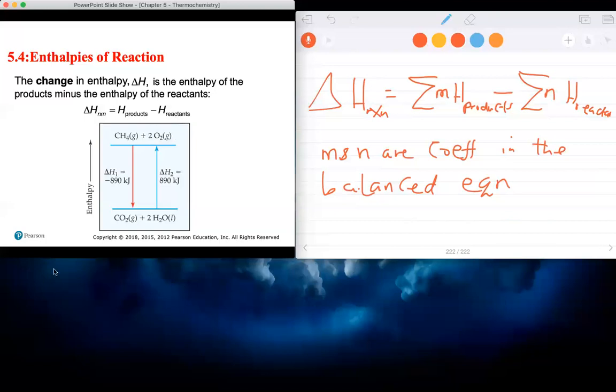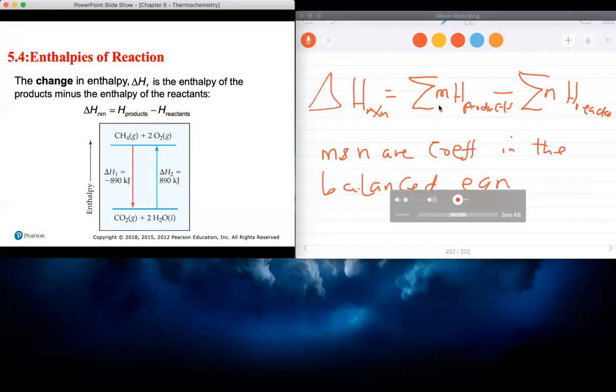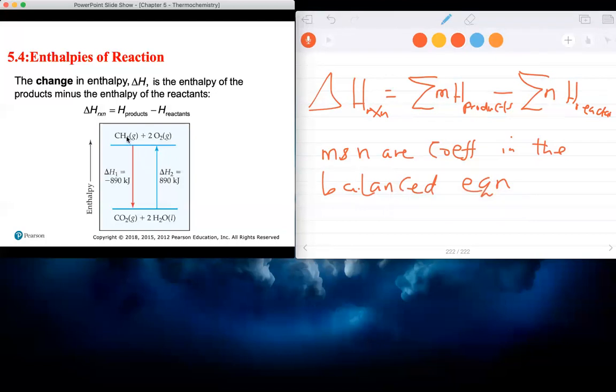Here is the reaction. Methane reacting with oxygen gas to produce carbon dioxide and H2O. What I have on my whiteboard here, M and N, these are the coefficients in the balanced equation. If you look at the methane and oxygen, these are the reagents.